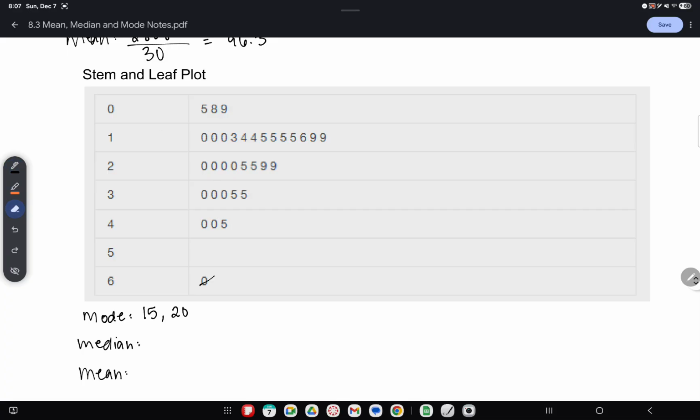I'm going to try again. And I have 1 left. So the median is 20.